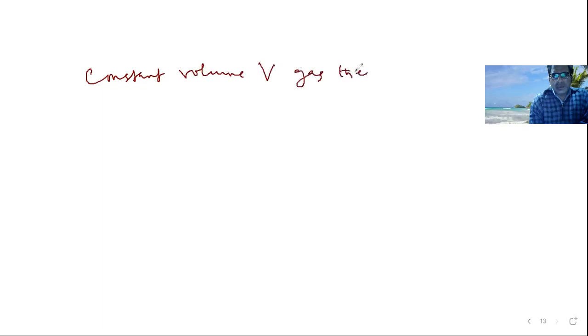There are other kinds of thermometers. For example, if I have a constant volume V gas thermometer.